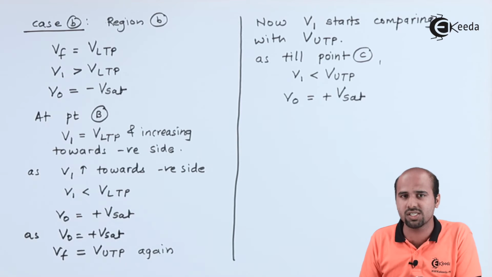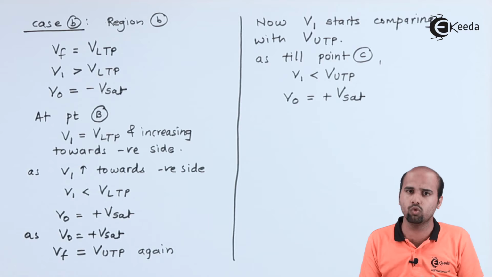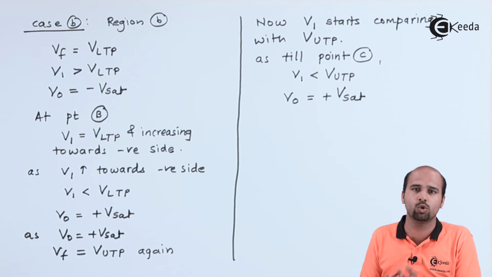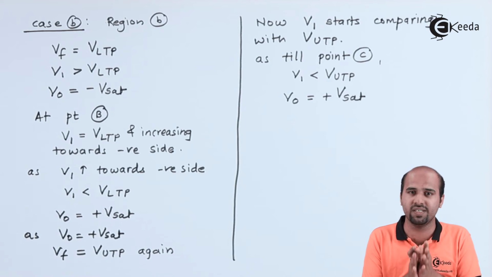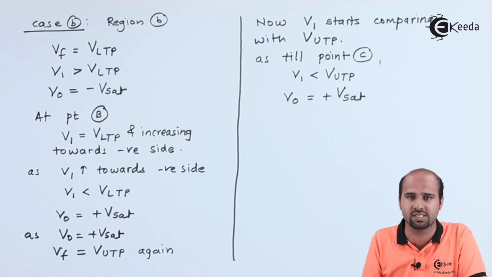And this will continuously change the value of Vf from VUTP to VLTP, VLTP to VUTP. And as soon as Vf changes, your value of VO changes from plus Vsat to minus Vsat and minus Vsat to plus Vsat, same as earlier.